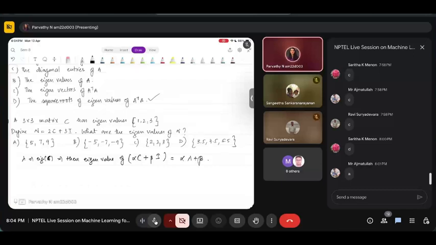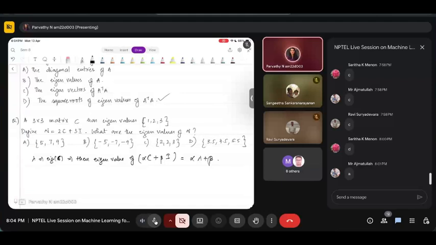So here lambda is the eigenvalue 1, 2, 3. So you take each of the values, multiply by 2 and add 3. So alpha is 2, beta is 3.